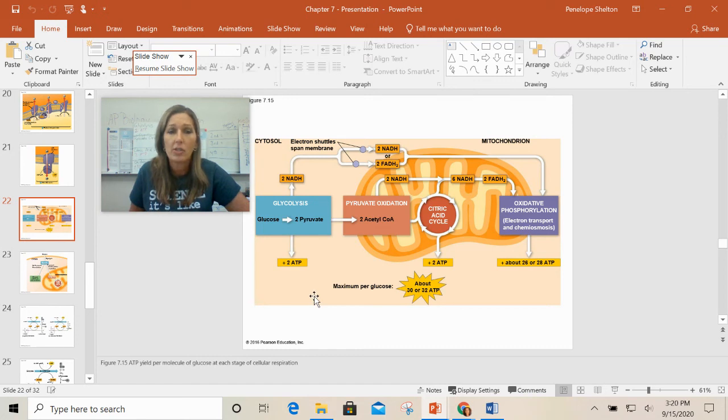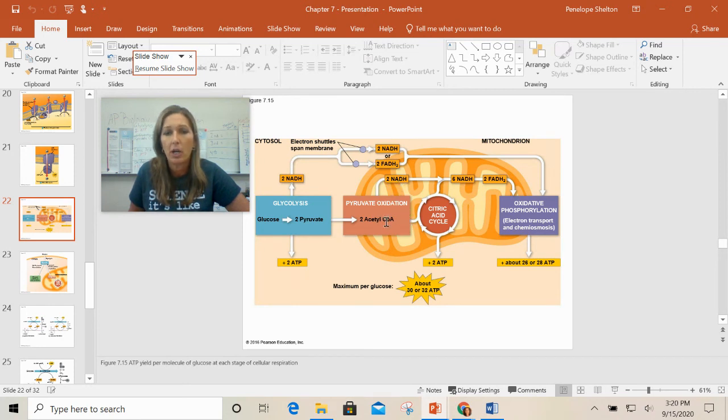But now if oxygen is present and we have a mitochondria, pyruvate is actually going to be oxidized into 2 acetyl-CoA molecules in the mitochondria. Remember, each acetyl-CoA is a 2 carbon molecule. I produce carbon dioxide in this step as a waste product, and I also collect 2 NADHs.